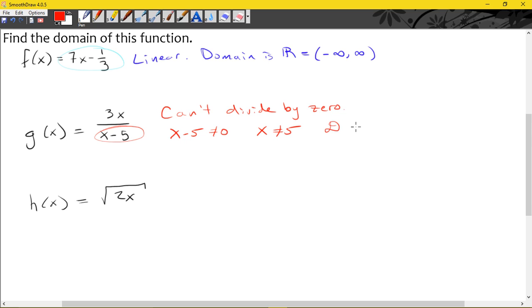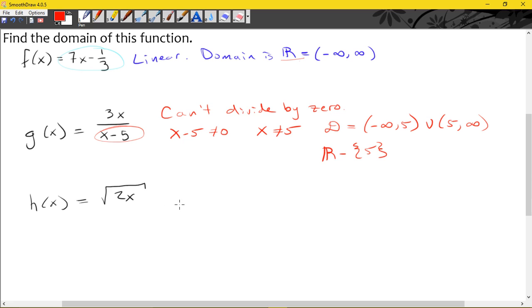So the domain of this function is everything less than 5 is fine, or everything greater than 5 is fine too. So we do this infinite interval and we take 5 out. And if we're using the real number notation for this, that's all real numbers minus the set that contains 5, in set builder instead of interval notation.